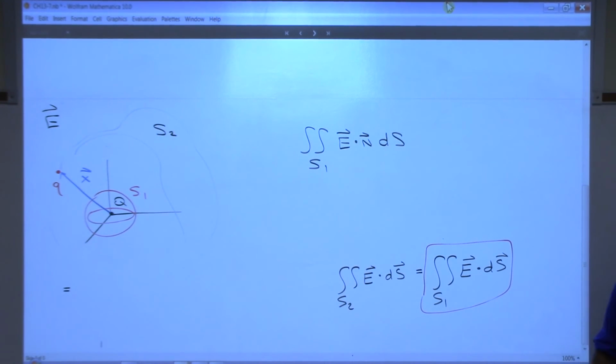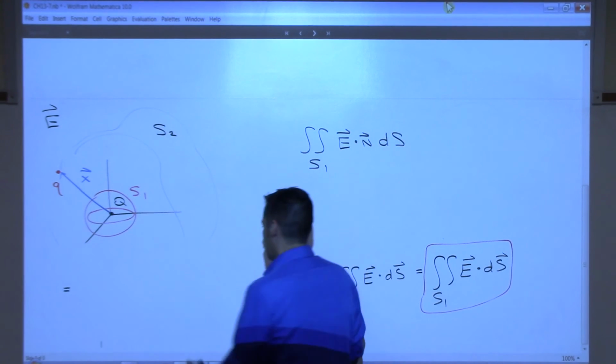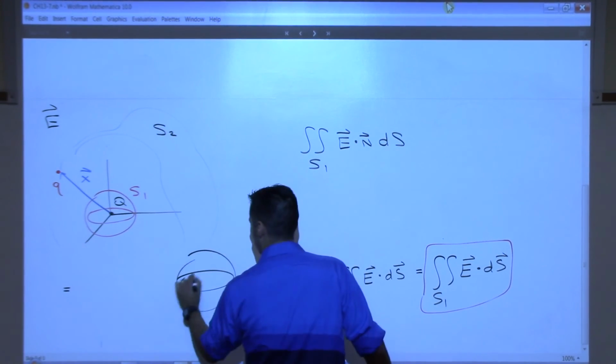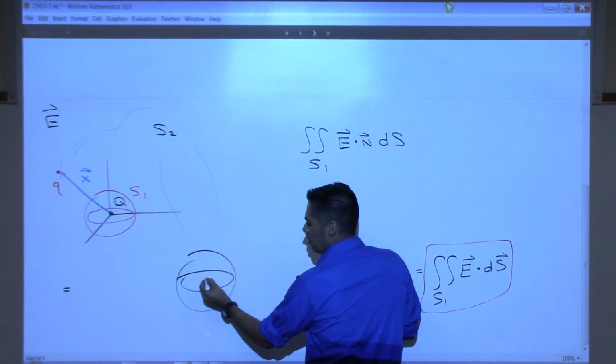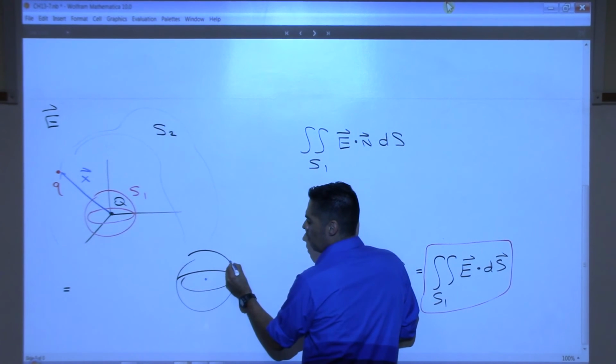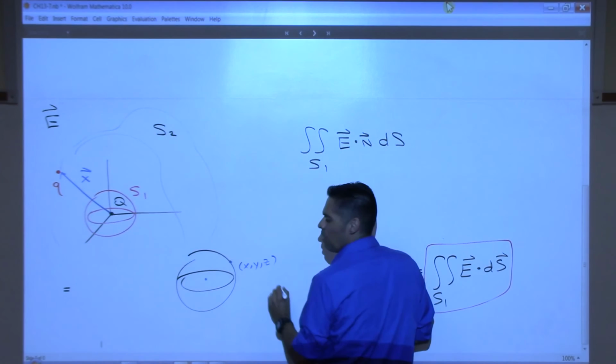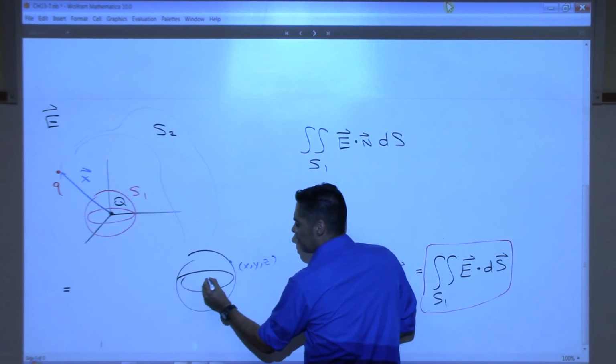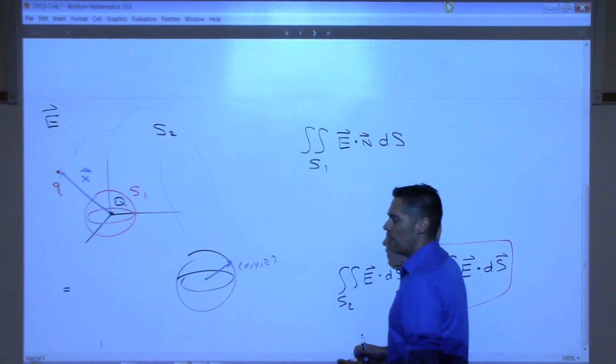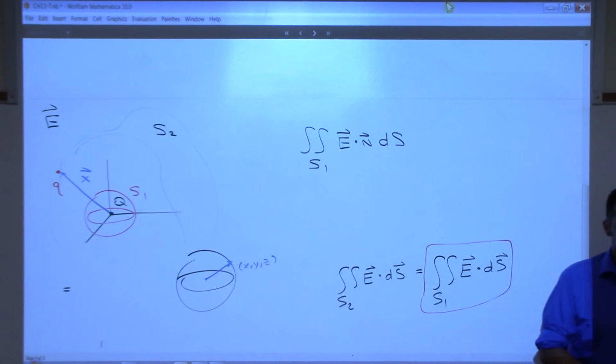I'm going to try and use this formula, because I think I know something about the normal vectors on a sphere. If you give me a sphere, and here's the origin, if you pick any point out there, of course that point has the coordinates x, y, z, but the vector that goes there from the origin to that point is parallel to the normal vector at that point, isn't it?